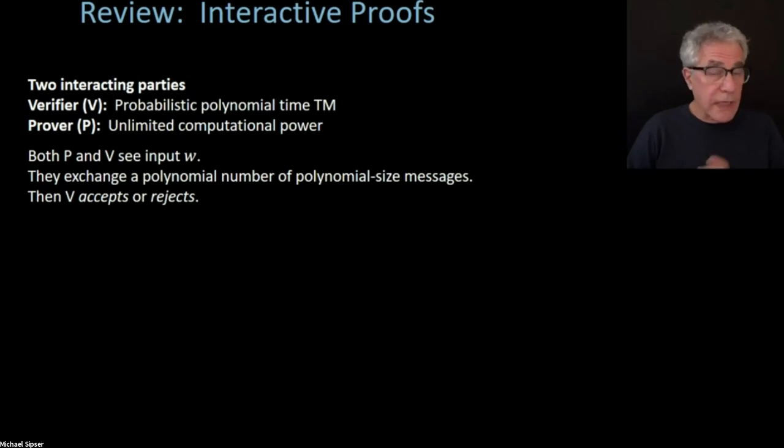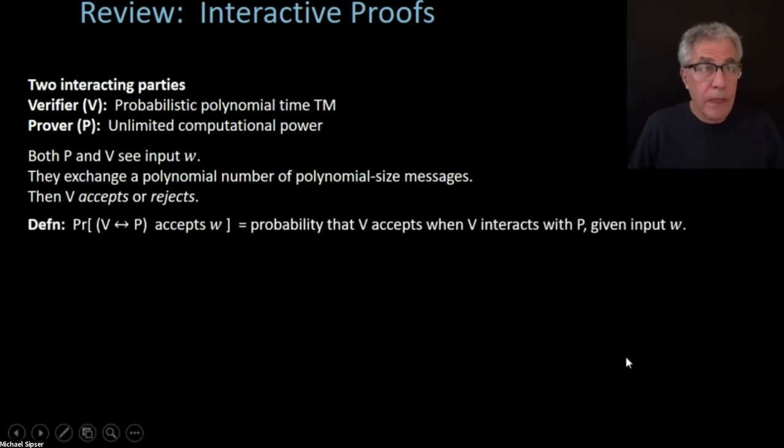The setup we had was that the prover and the verifier both see the input. They exchange a polynomial number of messages, and then the verifier accepts or rejects. We had this notion of the probability that the verifier ends up accepting when paired with a particular prover.